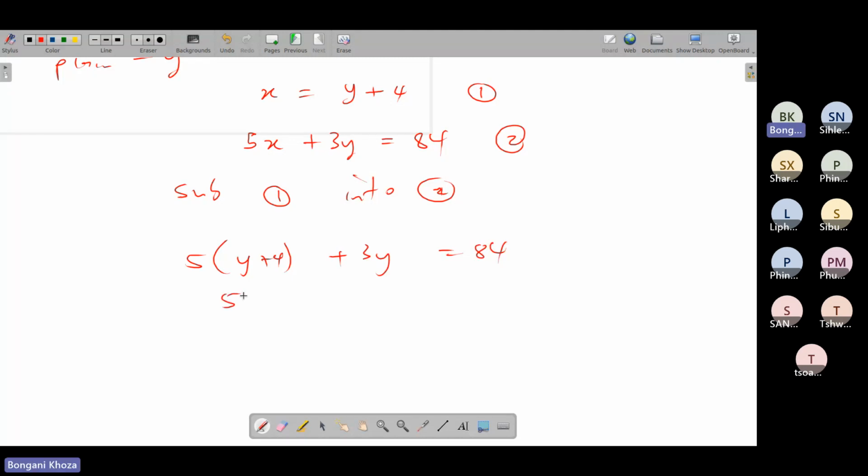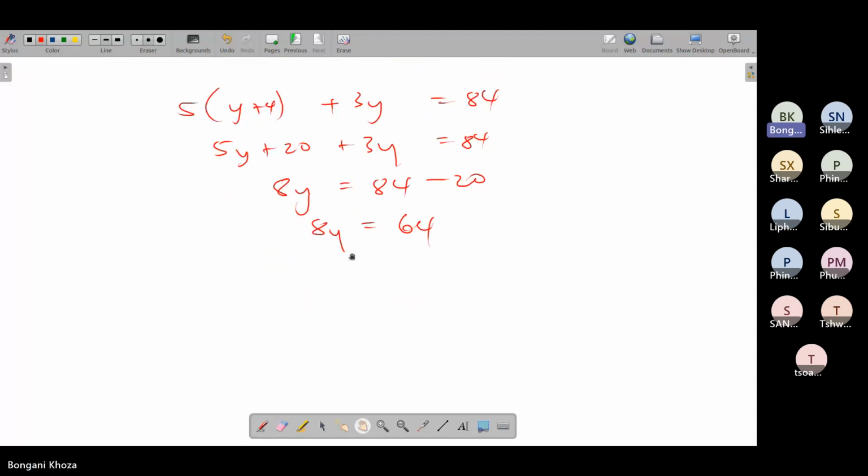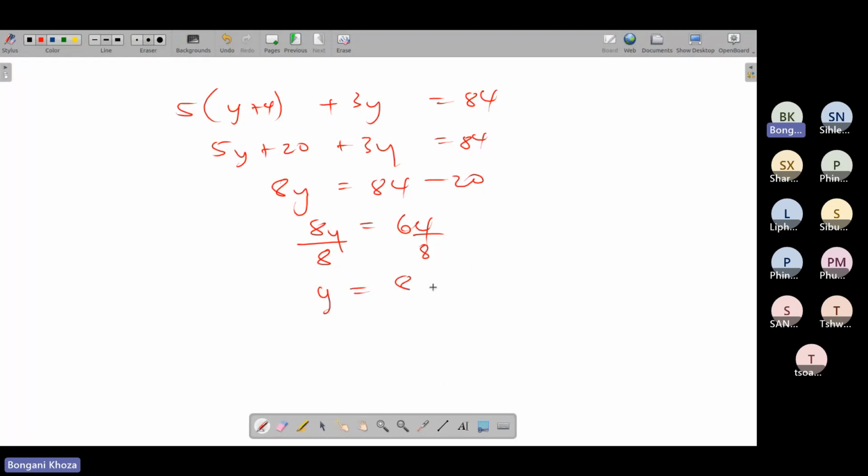This will give me 5y plus 20 plus 3y equals 84. This will give me 8y equals 84 minus 20. 8y equals 64. And then I divide by 8 both sides. This will be y equals 8.